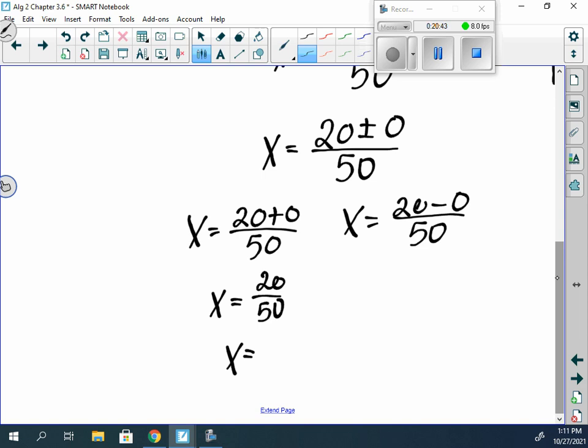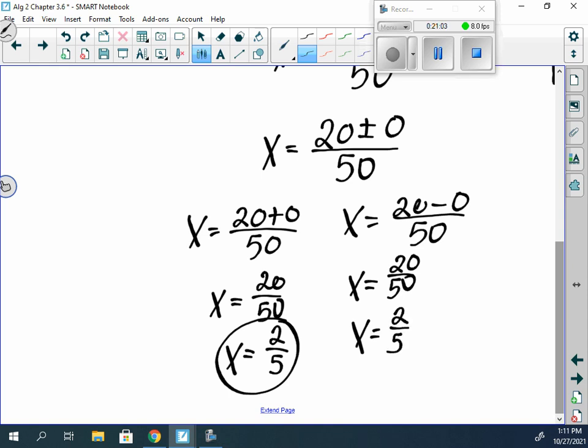Well, 20 divided by 50, we would reduce to 2 over 5. 20 minus 0 is 20 as well, so the answer is 2/5.